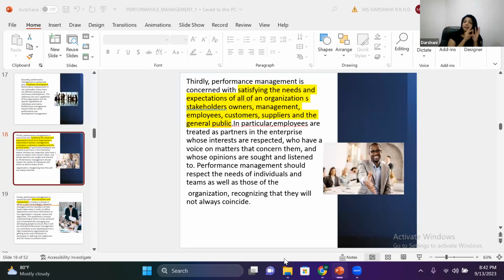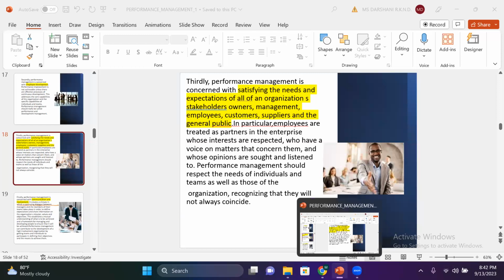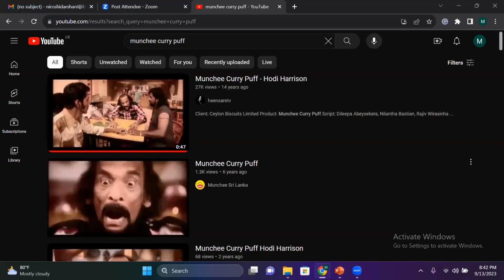That cream is like chopped curry. So what happened? The people really refused this one. People said it's yucky. So that's what I wanted to show you in that video, because they invested a lot in this Manchi curry puff product. Watch this advertisement.